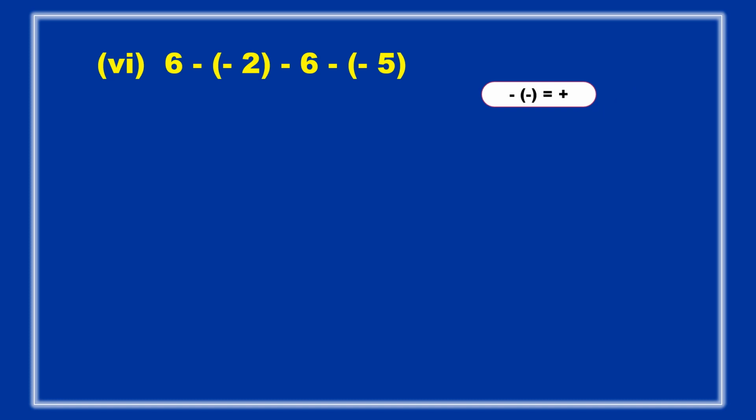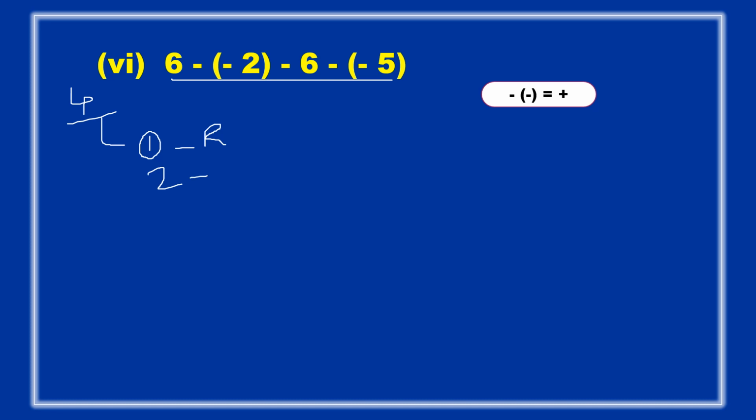One more thing: whenever you are simplifying this integers problem, you should simplify it in 4 steps. At the fourth step, your answer should be finished. What are these 4 steps? In the first step you should remove the brackets.